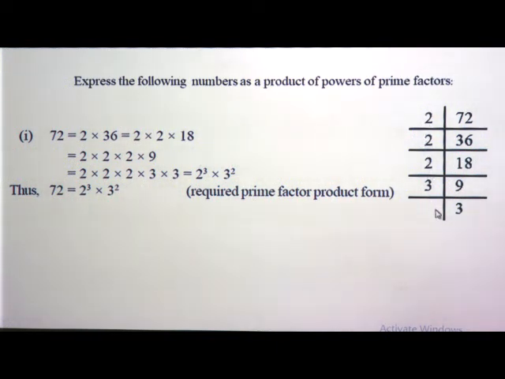So, you should know the factors and some divisibility rules which will help you to find the factors. Here the number given to us is 72. We have to first find the factors of this number as a product of the powers of prime factors.